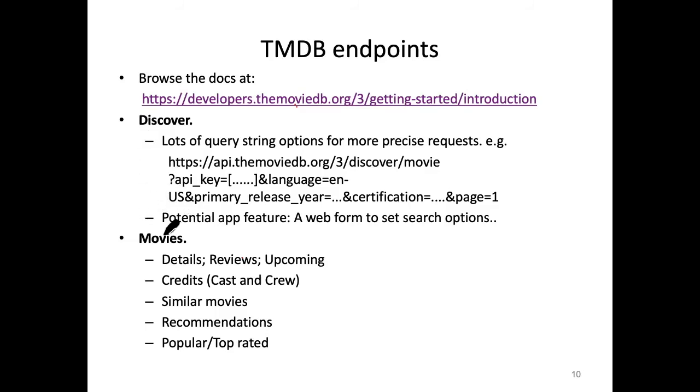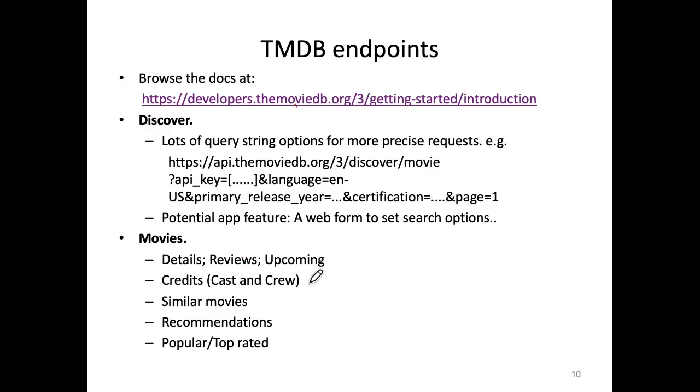The movies endpoint has lots of other angles to it as well. All we looked at was to get the details on a movie, to get the list of reviews associated with a movie, to get the list of upcoming movies, but there are all these other ones as well. I've already indicated that you can get what they're called the credits associated with a movie, where credits are the cast and crew as TMDB describes them.